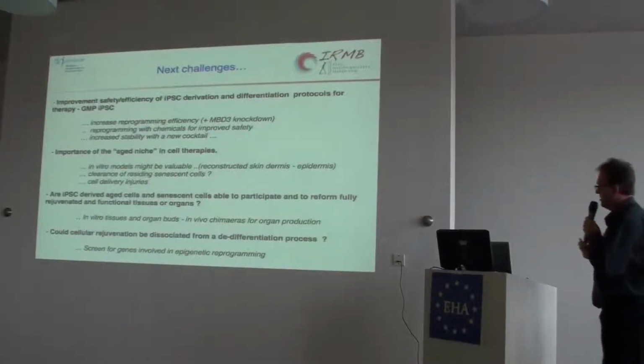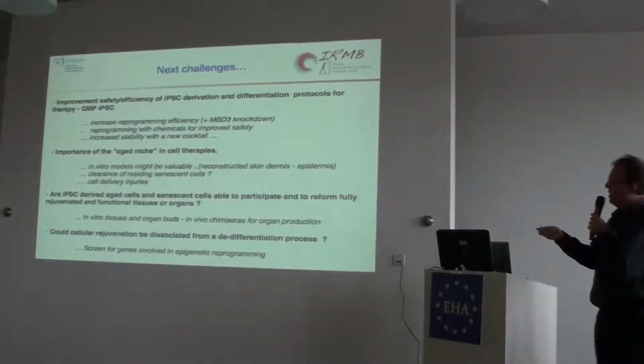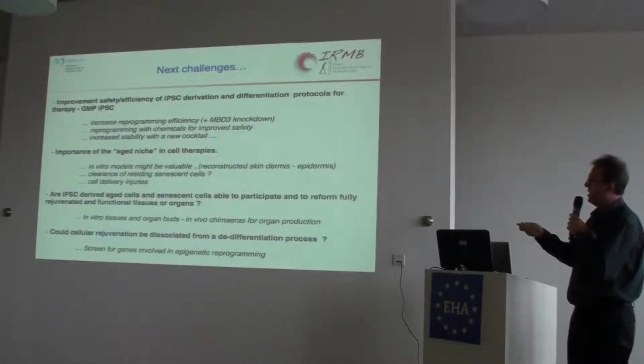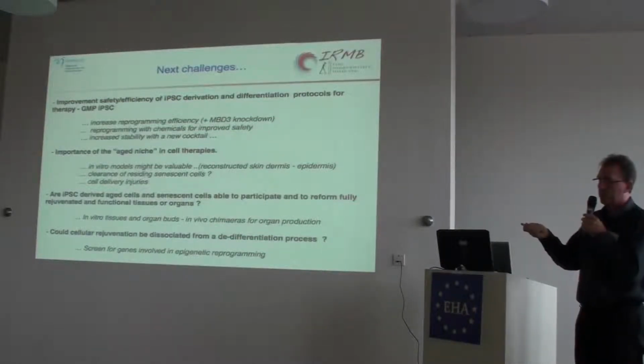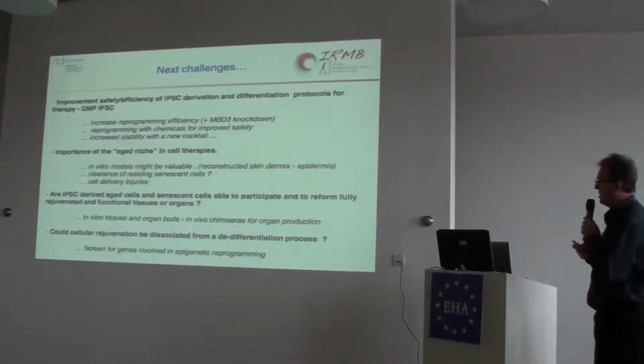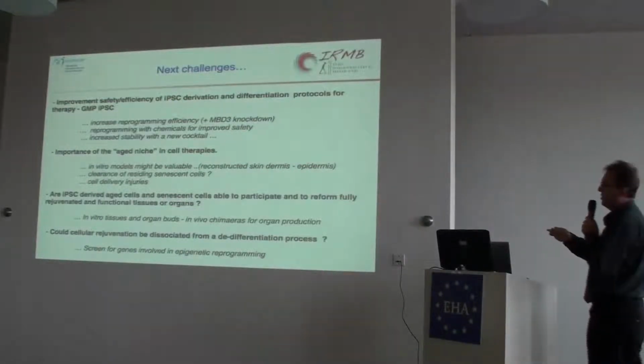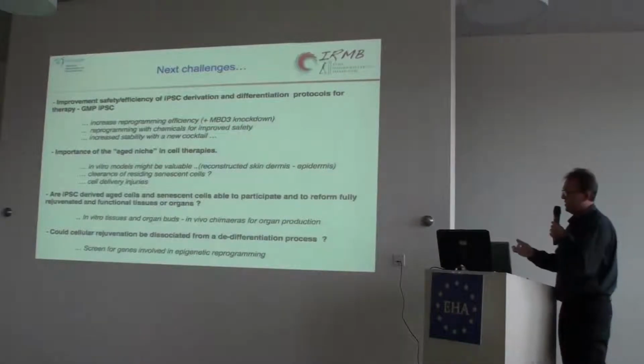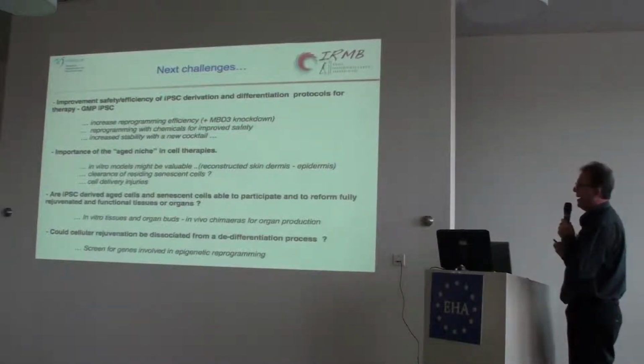But an important issue is how we could really inject the cells into the tissue to be repaired. Do we have to clear the residing senescent cells as presented before? And also there is a lot of progress to make to deliver the cells to the injury or into the tissue.